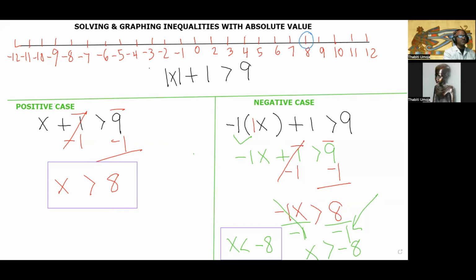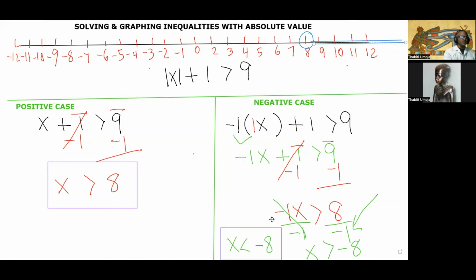And then we know it's going to be going in a positive direction here until infinity. So that's what it'll look like.